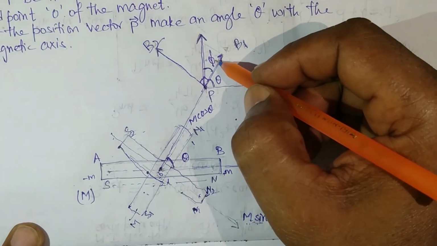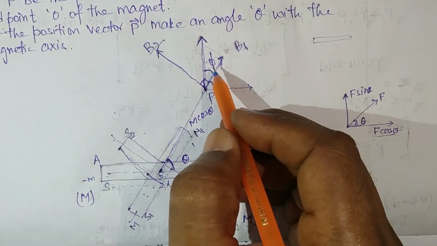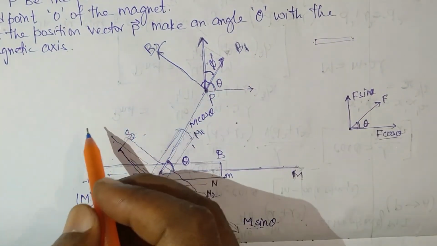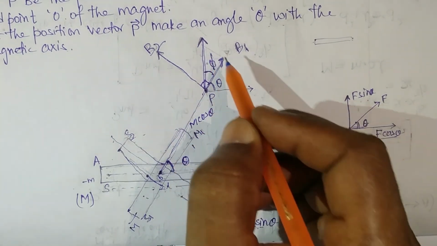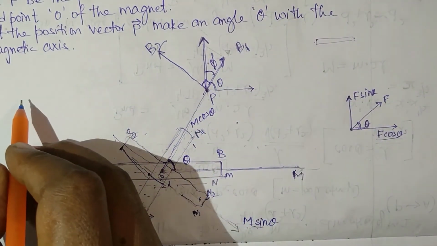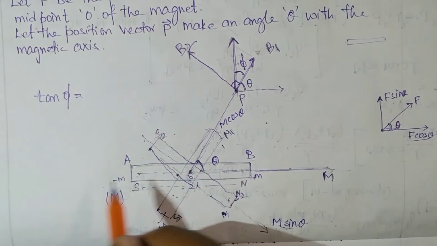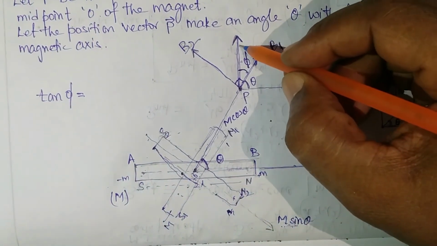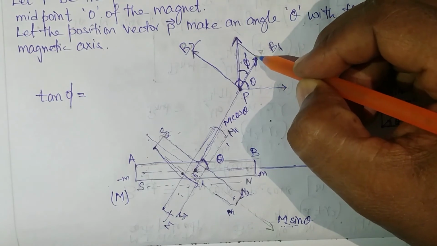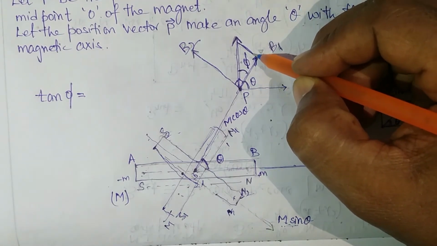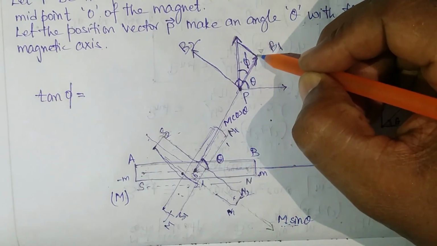Then what can we write about the direction of this resultant magnetic induction? From this figure I can write tan phi is equal to, so I will complete this right angle triangle here, because these two are vectors.